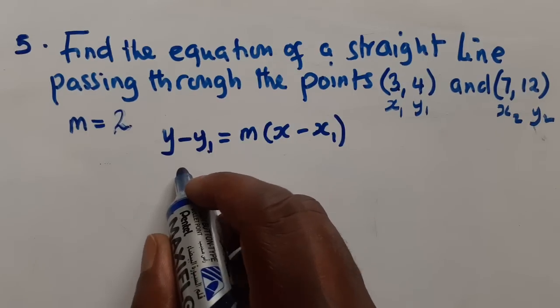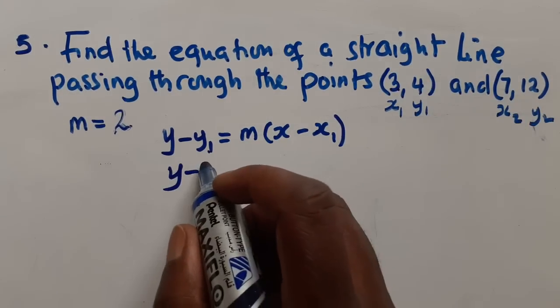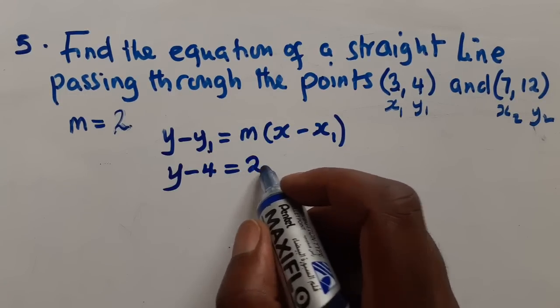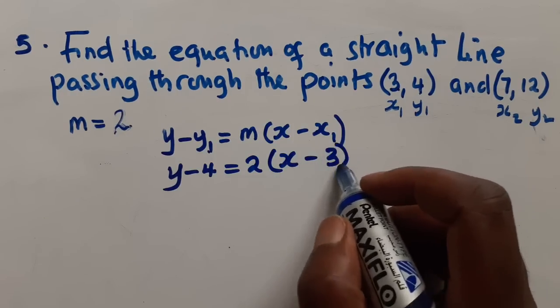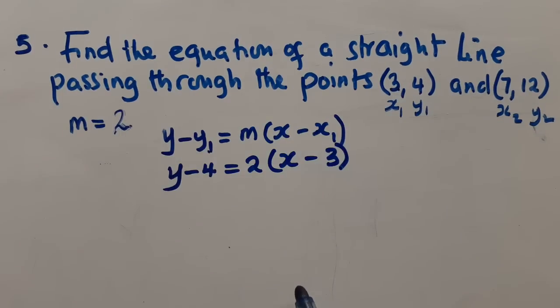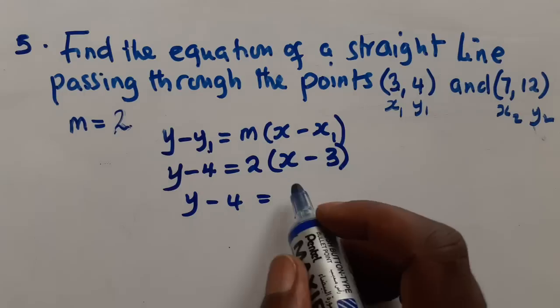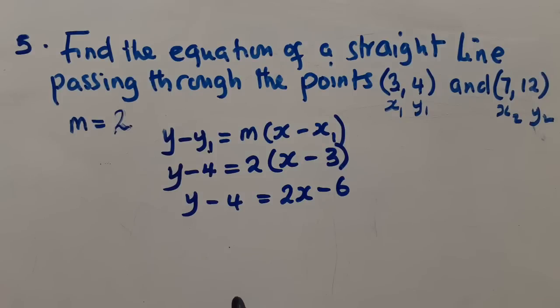So we go on and replace y minus y1, which is 4, is equals to 2(x minus 3) here. All right. And you go on and get rid of the brackets, minus 6.